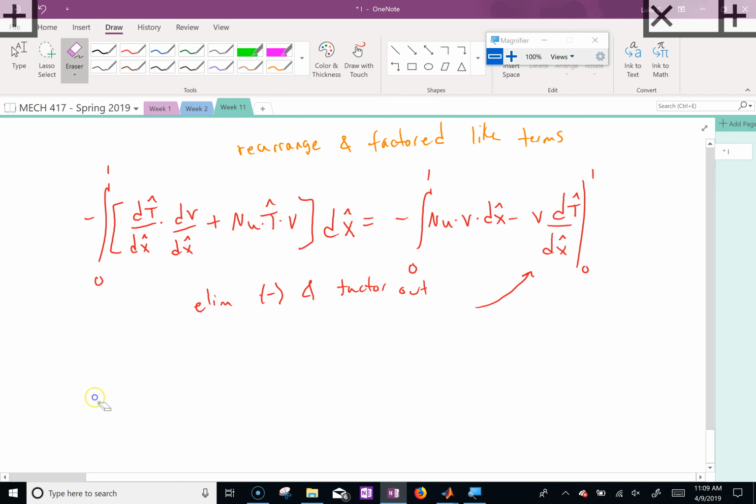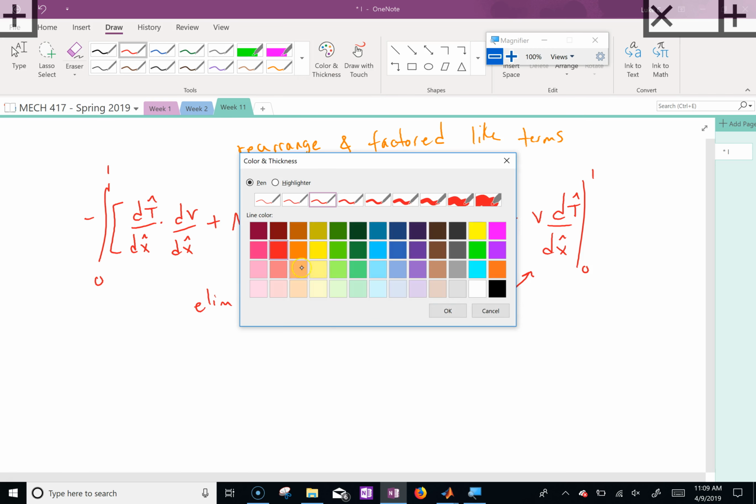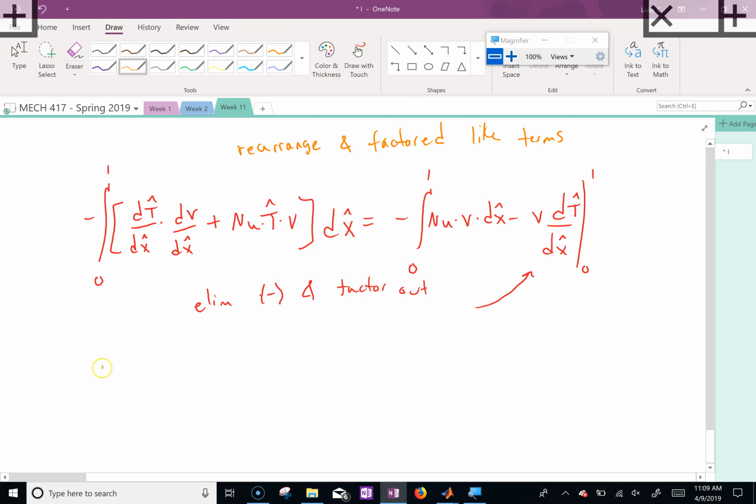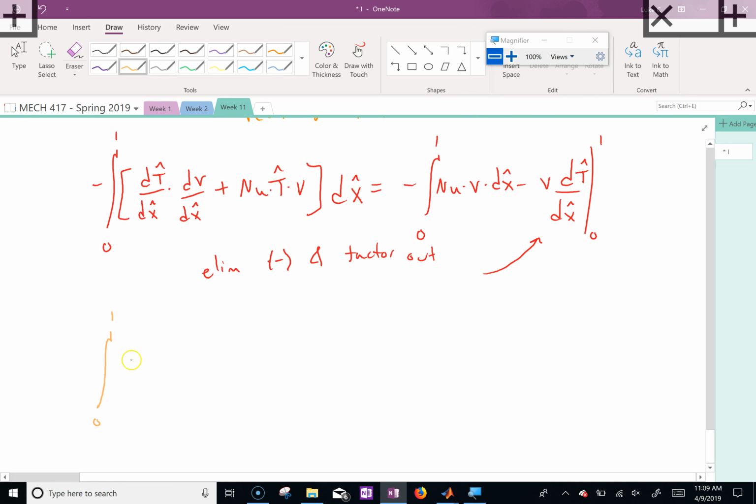So let me redo this in a different color. Let's do orange. 0 to 1. I think this is going to be the last where we stop. It's perfect.